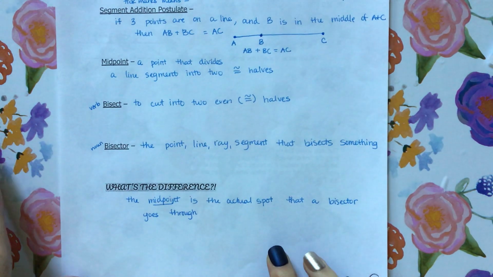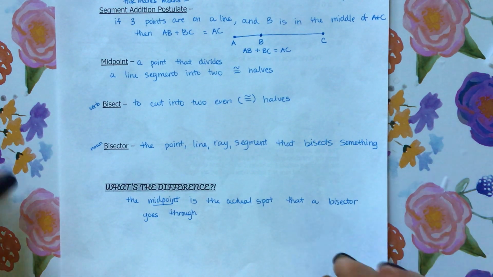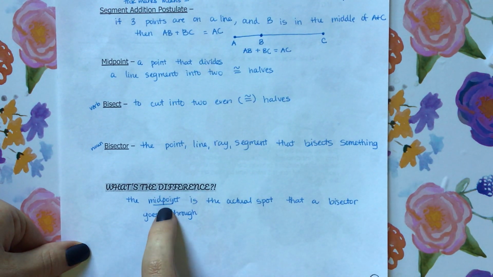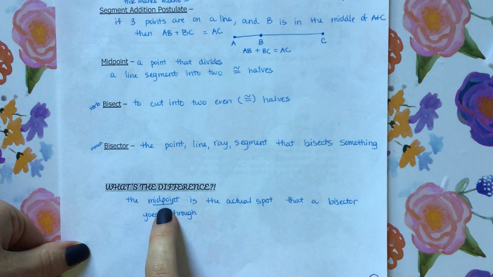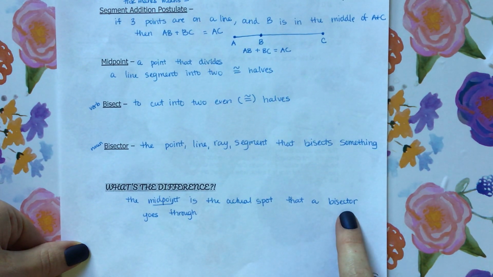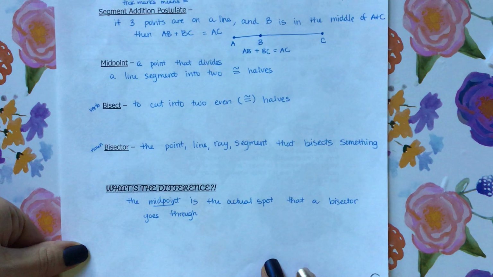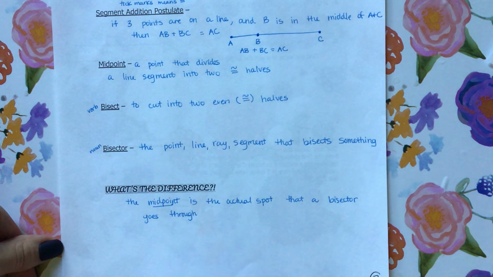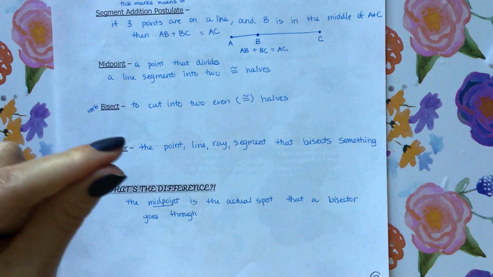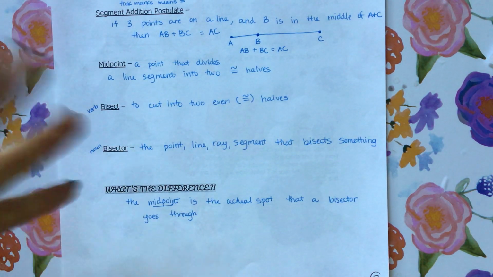So kind of an example of this would be if you cut a slice of cake in half. The midpoint is the cut itself, but the bisector is the knife that did the cutting. Okay, so the bisector is doing the cutting of the segment. The midpoint is the very spot that that line or ray or whatever it was went through.